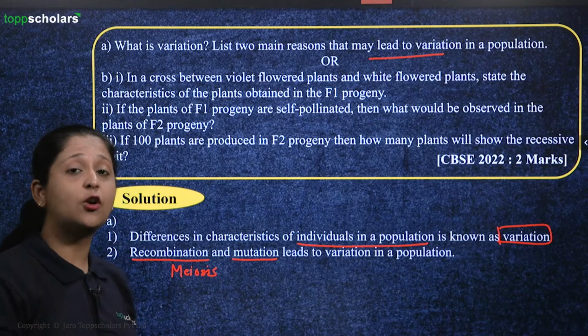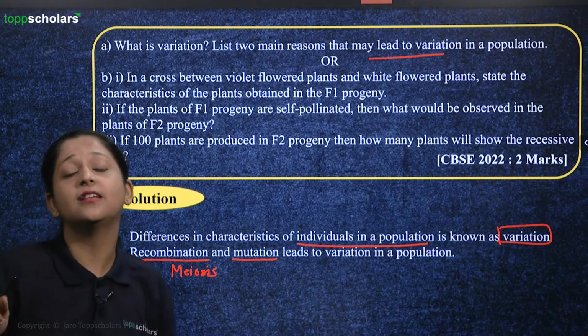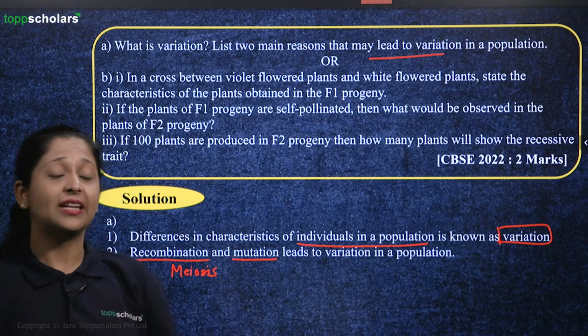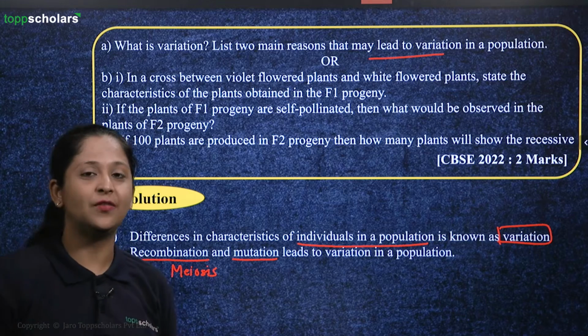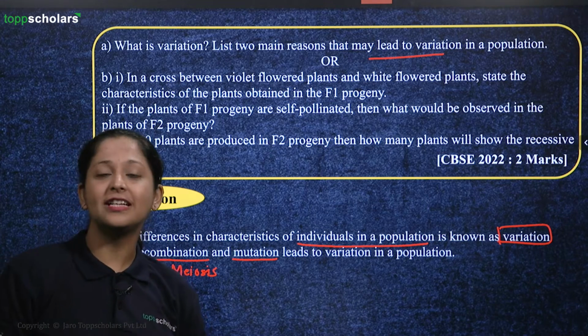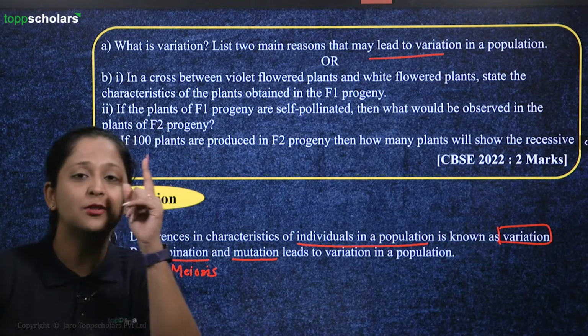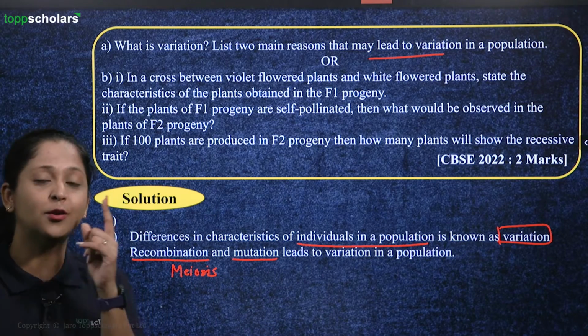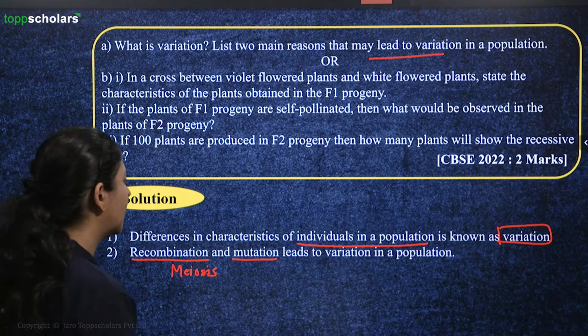So that is your recombination, a new variety, a new variation is formed. That is the reason you have certain characteristics similar to your parents, but you still have your own unique features. And that is also the reason you have some characteristics similar to your siblings, but you still are different from your siblings. Recombination is the answer to that.